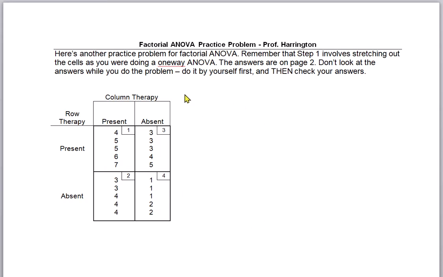Let's say we have a third independent variable of sex of the participant, sex or gender, so we have male and female. This side could be entirely male, but then we would have to have another panel that's entirely female, and so we would end up with 2x2x2, which yields 8 total cells. We would have these 4, but we would have another mirror image of that over here for females.